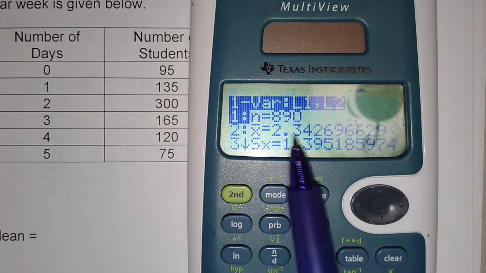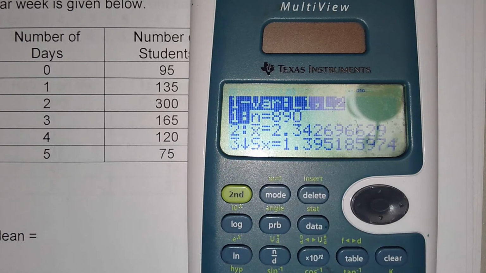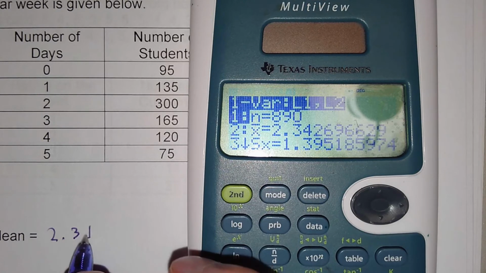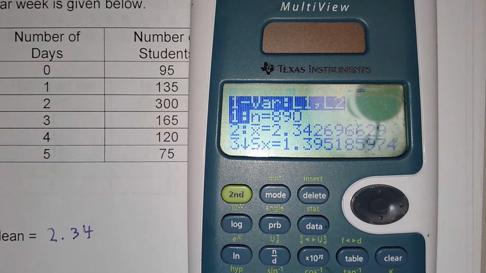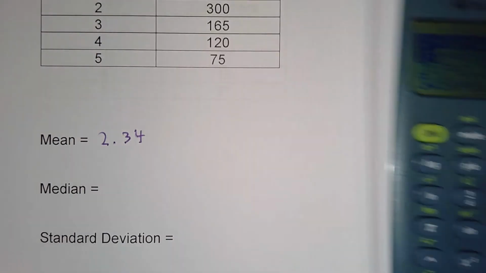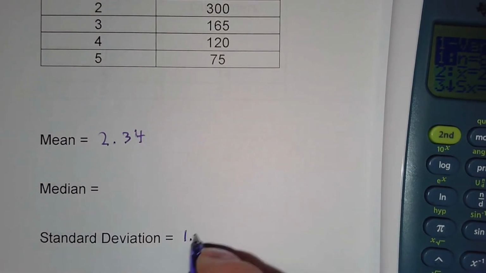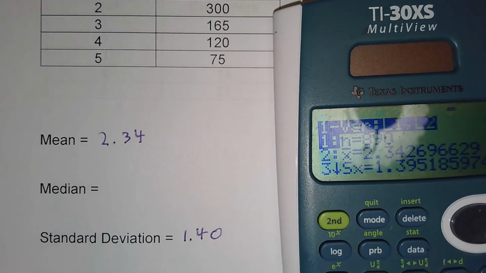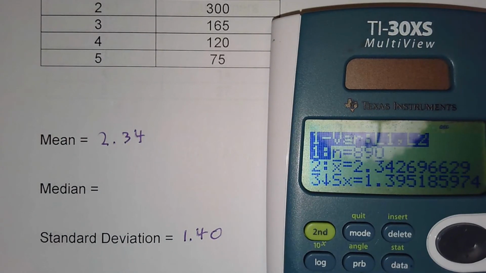So my mean here would be 2.34. My standard deviation, let's round that to 1.4. I'm just rounding them to the nearest two decimal places, because that's what they told us to do in the directions.